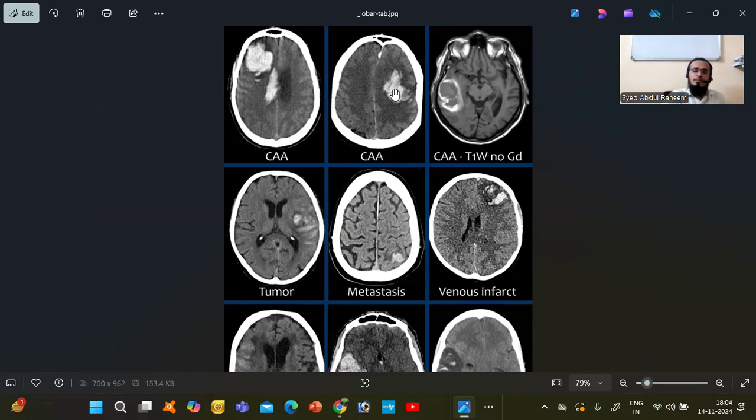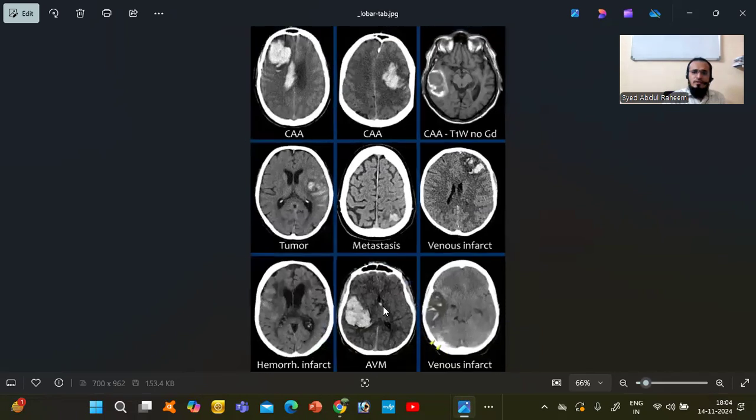This is the right side. Okay, right side, right temporoparietal bleed, hemorrhagic bleed. This is MRI. In the MRI, the bleed is in black color. You can go through that.